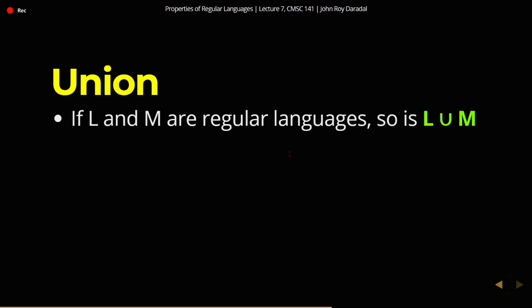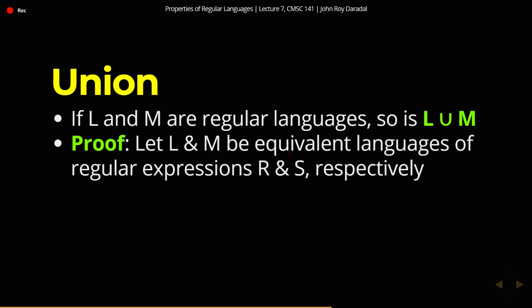For union, if the two given languages L and M are regular languages, then the union of L and M is also regular. For the proof, we will use their regular expressions. Because L and M are given to be regular languages, they will have regular expressions associated with them. Let's call those R and S respectively.